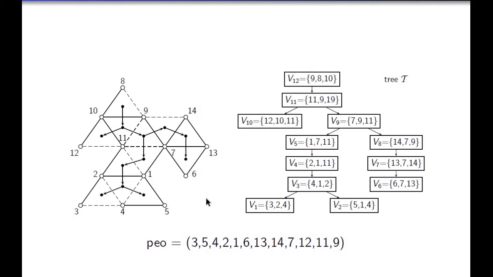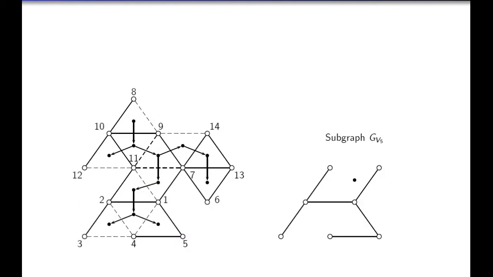So the idea is to traverse the tree T doing some proper calculations. After all the calculations for some vertex vi in the tree T, we have the partial solution for some subgraph of G. For example, after step 5 of the algorithm, we have the partial solutions for this subgraph.